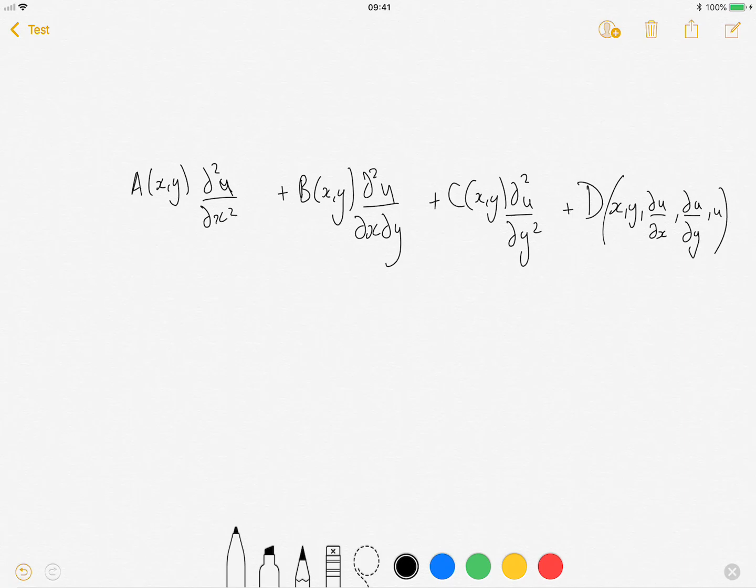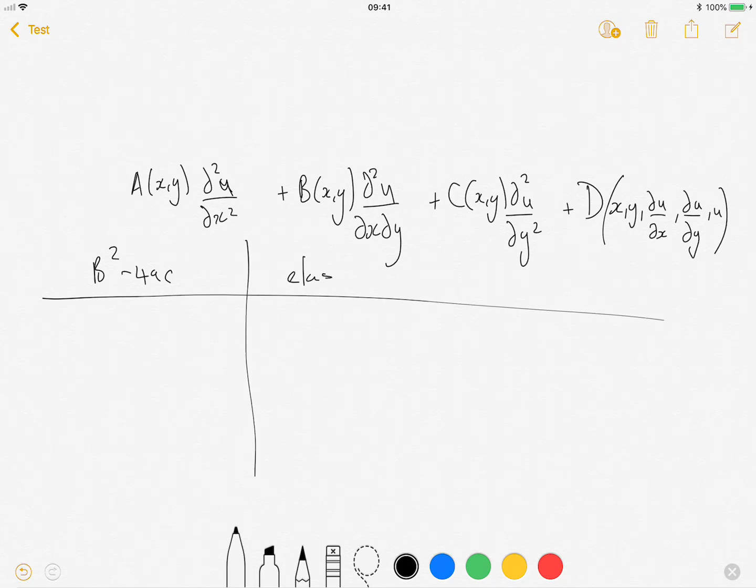Now, the classification of the second order linear partial differential equation is based on the sign of the discriminant. So the discriminant being b squared minus 4ac, we have the following classifications.